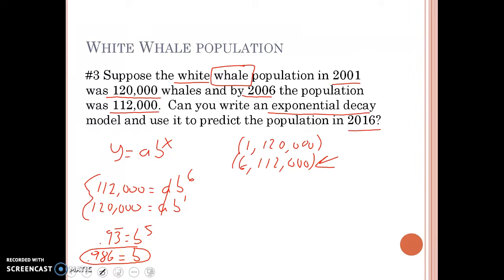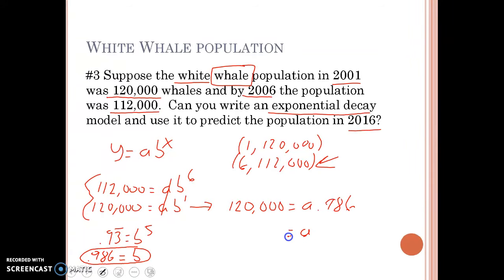So then I want to figure out what my a value is, and I'm just going to go ahead and use this function here. That is 120,000 equals a times b, which is 0.986 to the 1st power. And so that's just 0.986. So I would take 120,000 divided by 0.986, and we'll get something for an a value really close to 121,680.